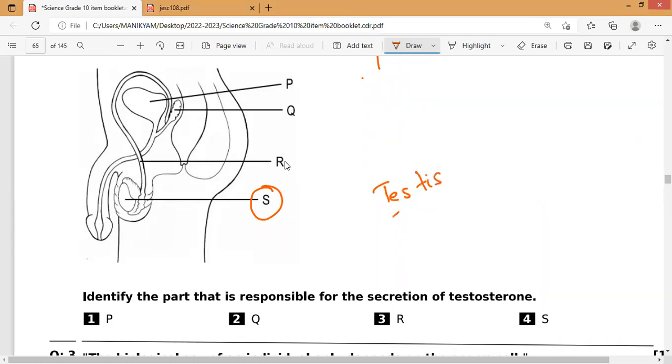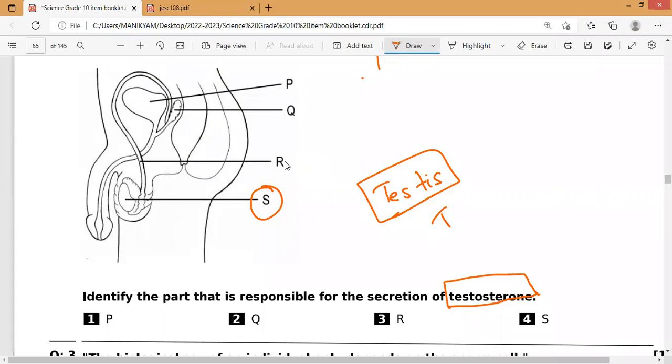Testis. So the testis in the male body has the function of making the male sex cells called sperms, and the male sex hormone called what? Everybody? Testosterone. So those are the two functions of the male reproductive system.